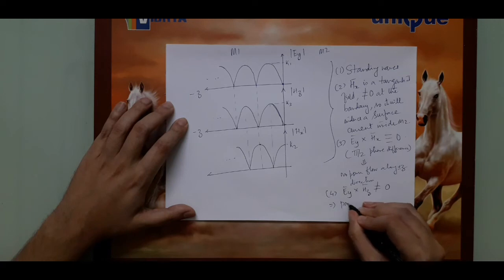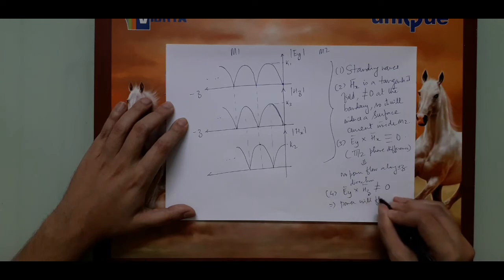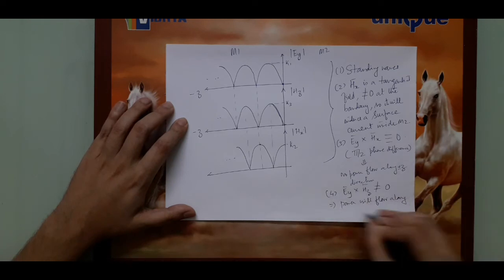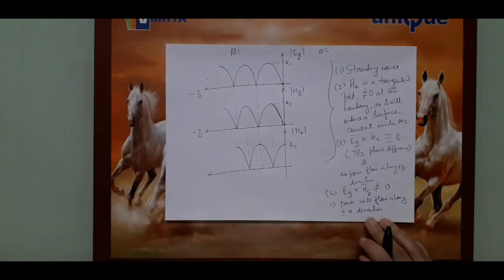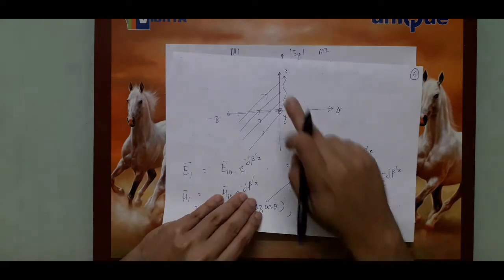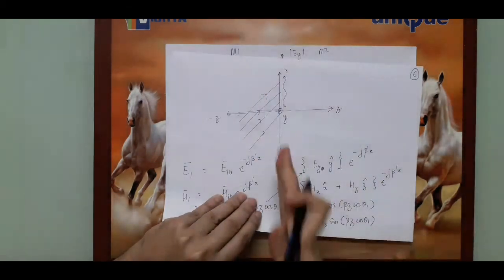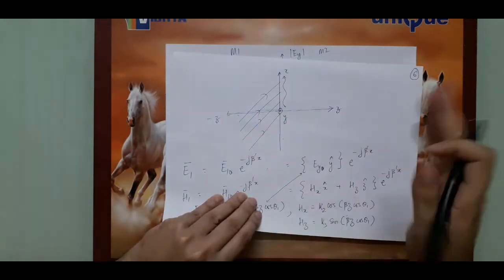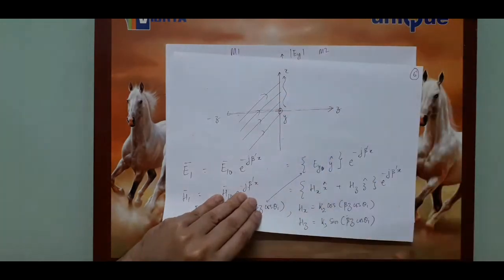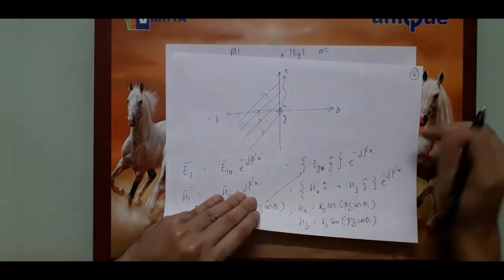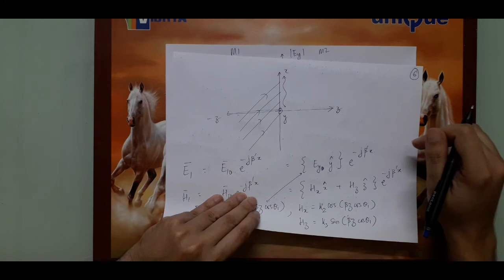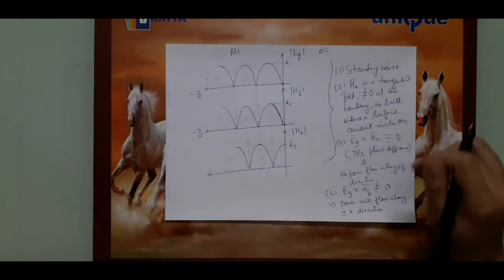That means power will flow along plus minus x direction. And this is exactly what we had proved, that there will be a wave which essentially travels. It can be along the plus x or minus x, that does not really matter, but we can make it travel. This is a very, very important result.